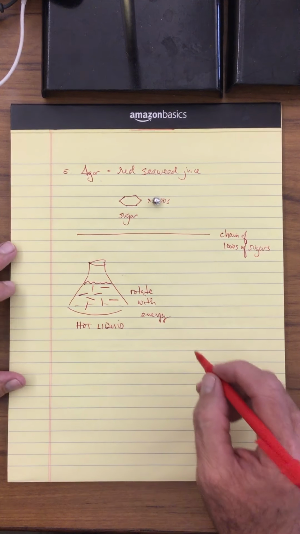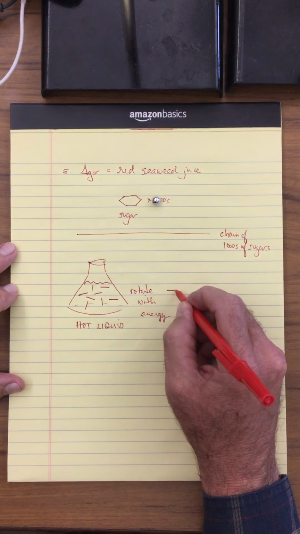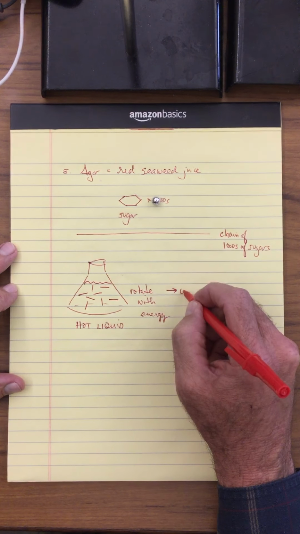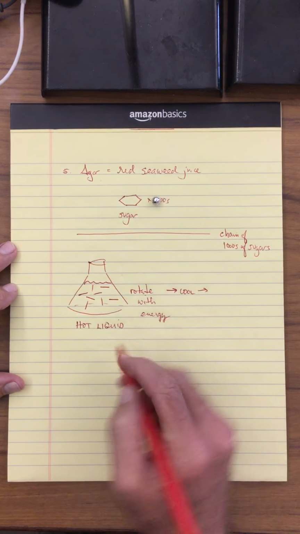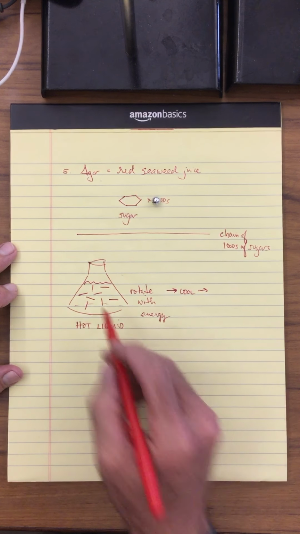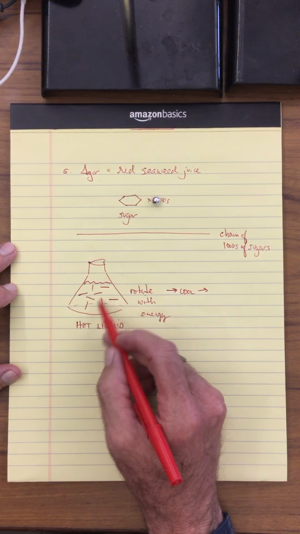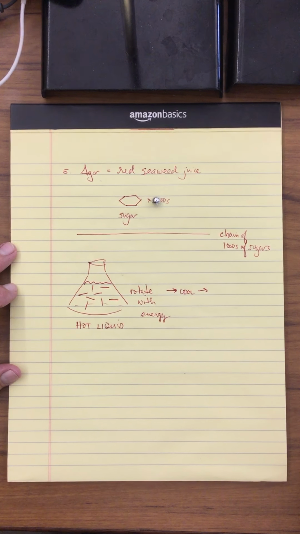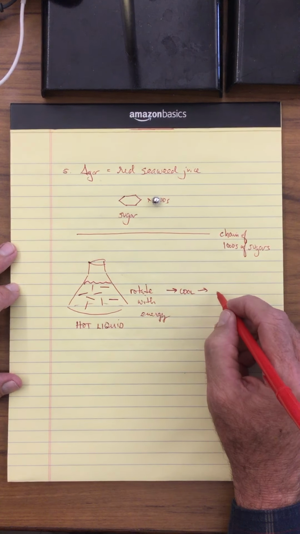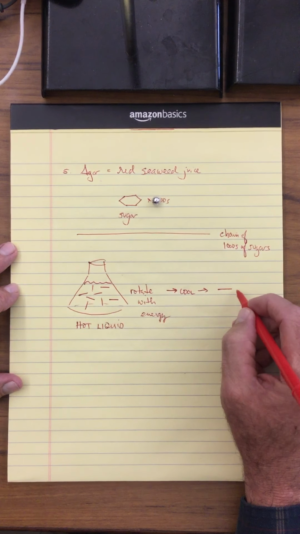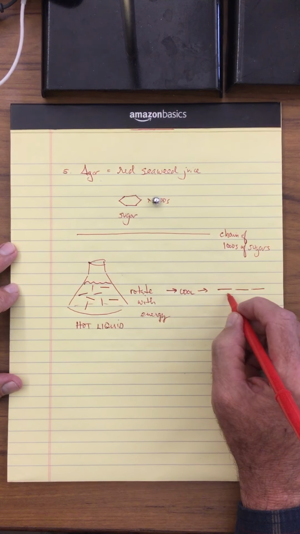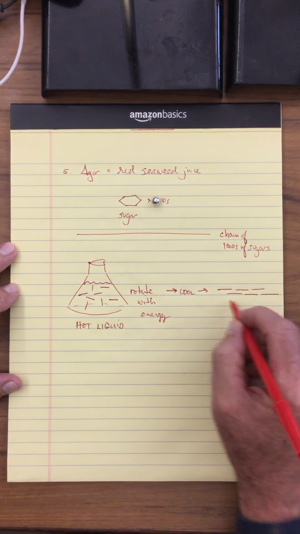But then what happens is you could then cool this, and when you cool this hot liquid down, these molecules are going to start to lose the energy which allows them to rotate. And what happens is these molecules lay down on top in these layers.